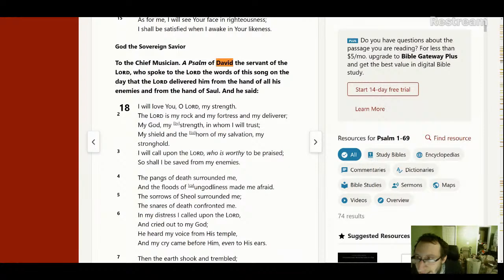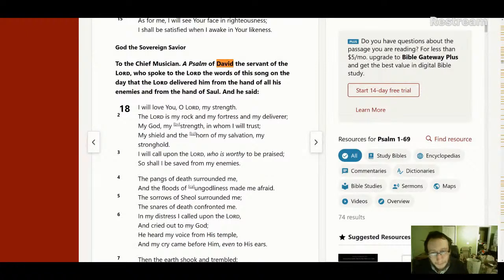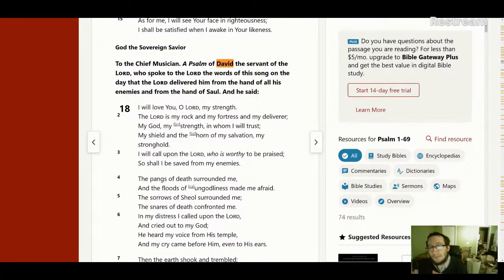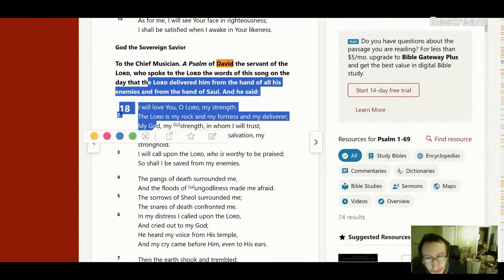So it's interesting because it sounds like this is from the book of Samuel, but according to 2 Samuel, it's actually way later, from the book of Nathan. So we would include this in the book of Nathan.